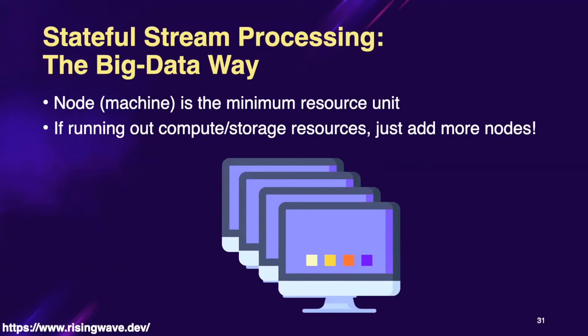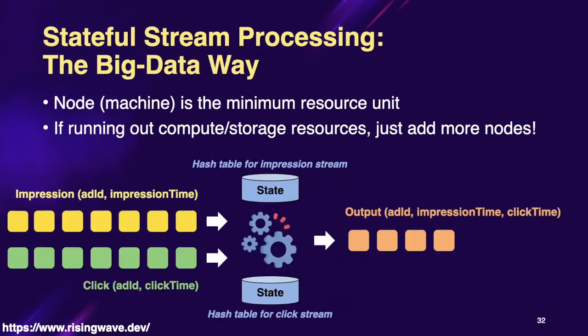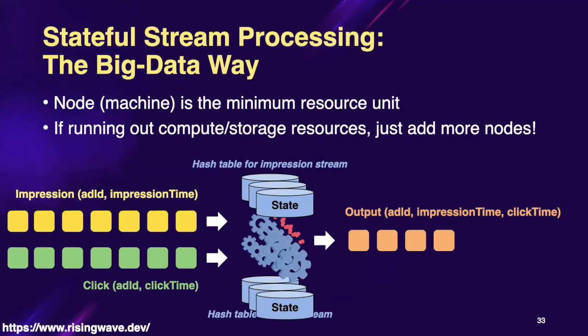So you scale both the computation and the storage resources, even when you just want to scale the computation resources. So in this case, as we can see from the picture, we just add 2 more nodes into the job, and the nodes bring additional computation resources and additional storage resources.